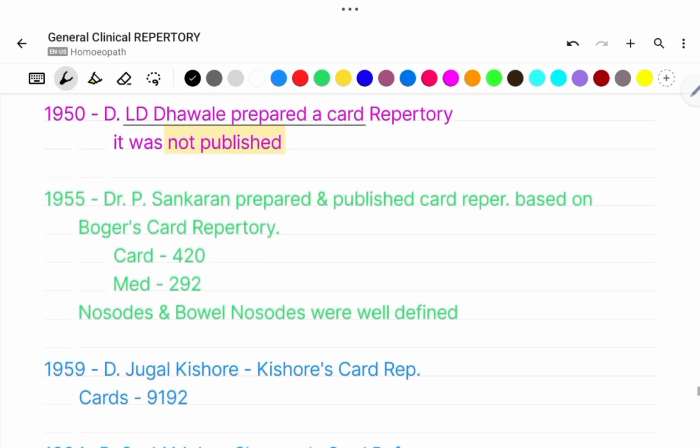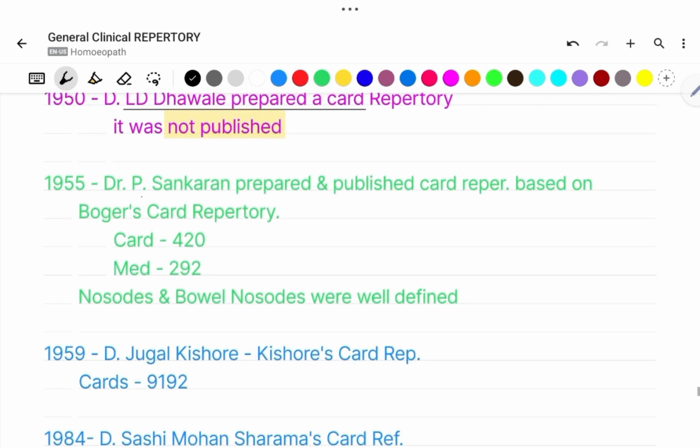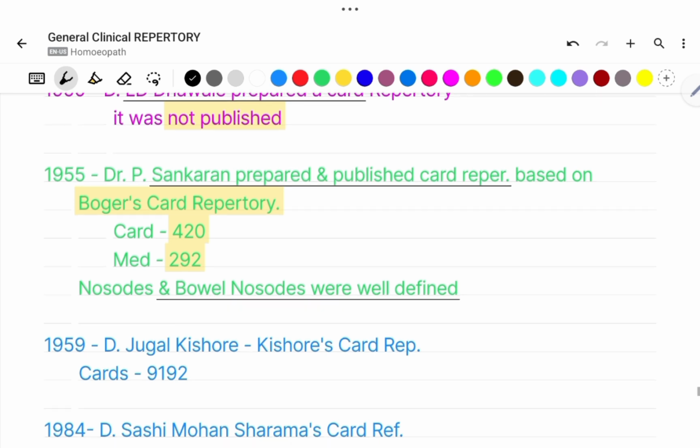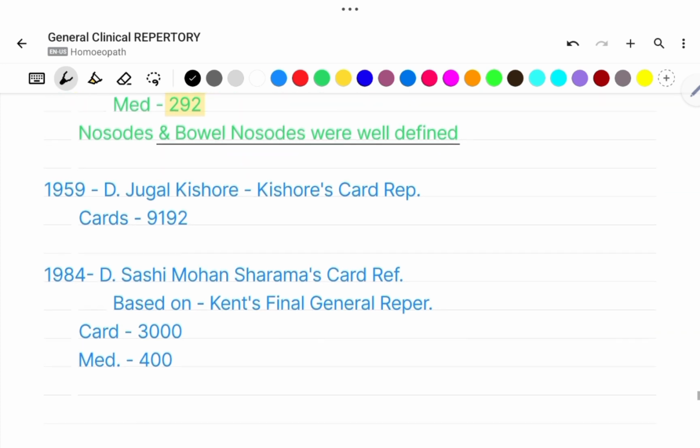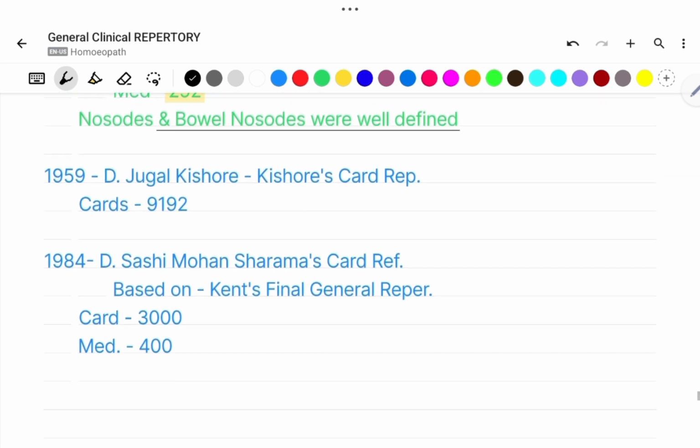Then in 1955, Dr. P. Shankaran's prepared and published card repertory based on Boger's card repertory. Total number of cards used in this 420 and total number of medicines 292. And in this repertory, nosodes and ball nosodes were well defined. Then in 1959, Dr. Jugal Kishore's, that is Kishore's card repertory came.